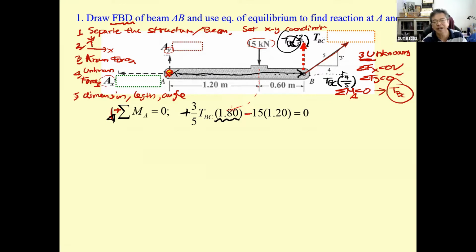So that is going to be negative, the reverse of this. And it's going to be 15 times this length, which is 1.2. So you just carefully put the numbers into the calculator. Use the same calculator as in the engineering statics and carefully do so.